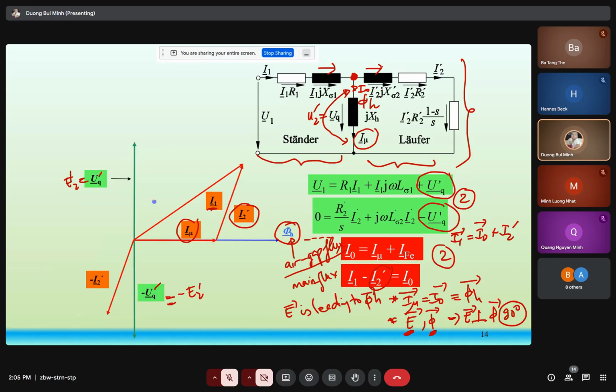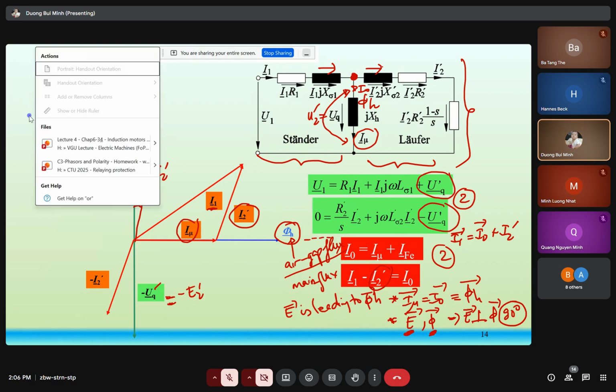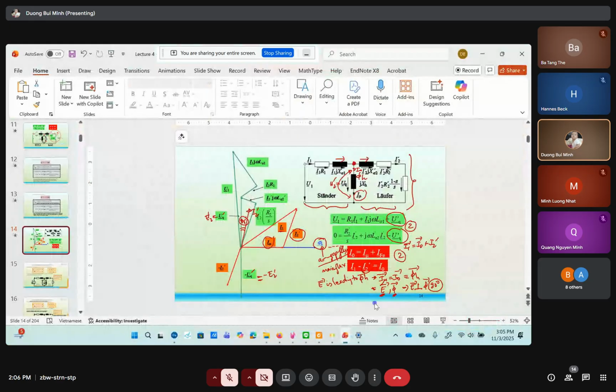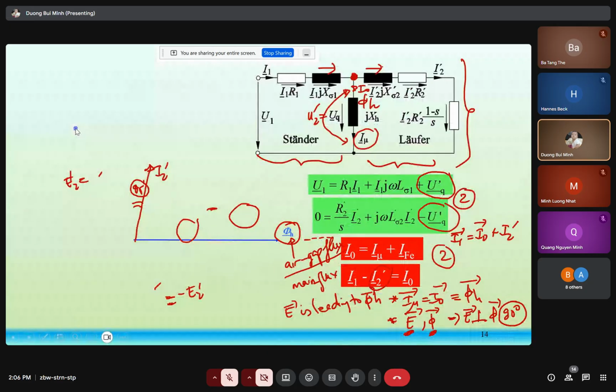If we translate I2 prime from here to here, what is this? This is theta r, the phase angle.